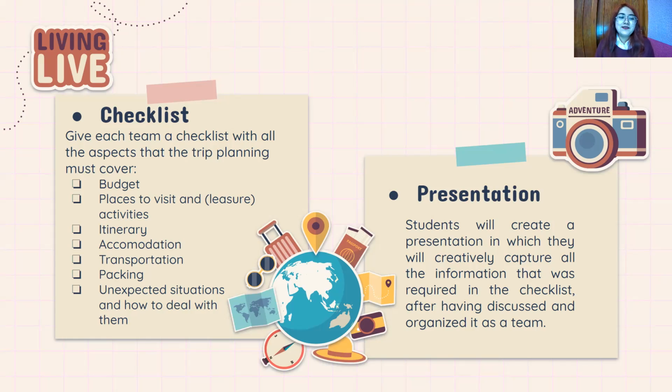And the unexpected situations and how to deal with them. They can consider, for example, if they lose their passport, what can they do about it? They can visit the police station to report it, go to the embassy, talk on the phone to whoever they have to, and how to ask for directions in case they get lost or cannot find a place.